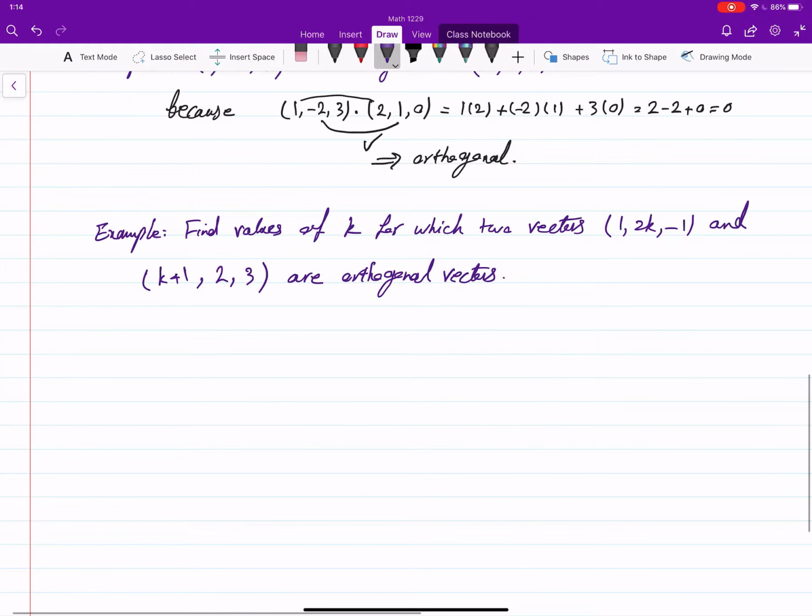So we have two vectors. Their components have some k in them. So it says that for what values of k these two vectors are orthogonal.